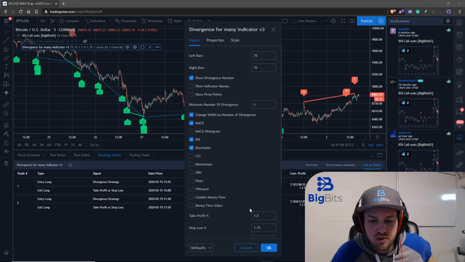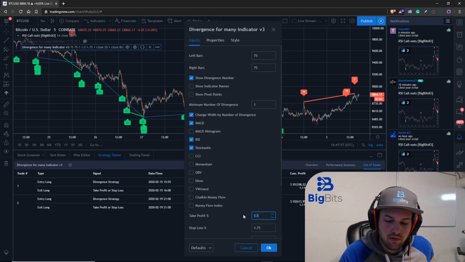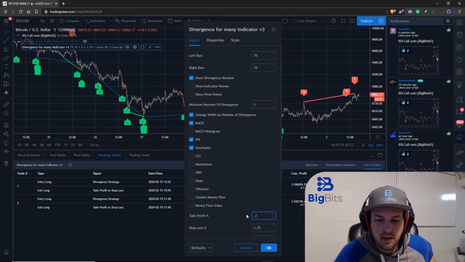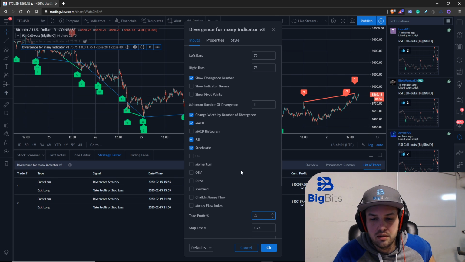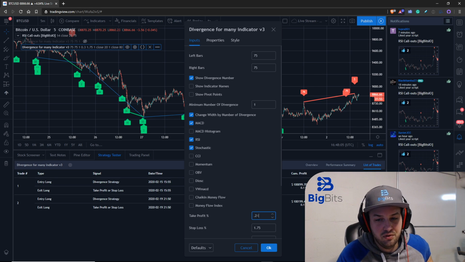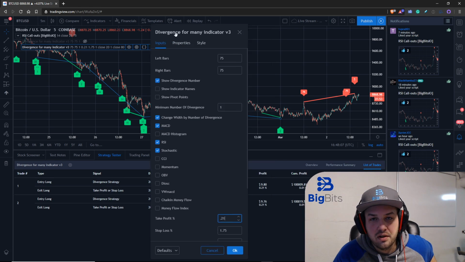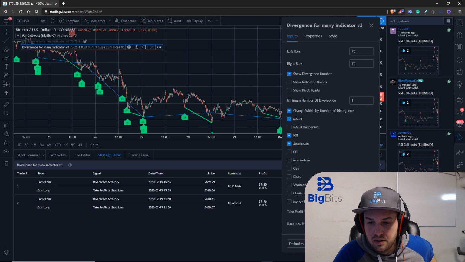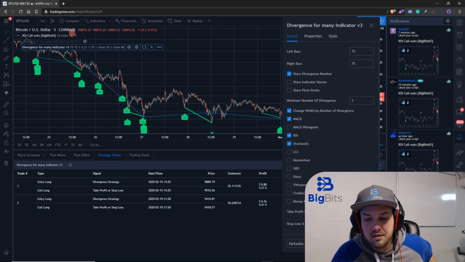I mean, 1.5% if you're scalping is a lot when you're looking at 0.1% fees. So all you really have to do is make anything over 0.2%, so just like 0.21 would be enough to cover your fees, but you also need take profit to be high enough to actually make you enough profit to overcome your losses that you're going to take.